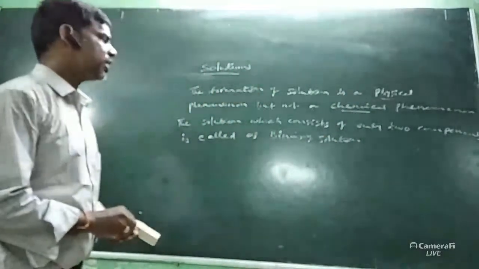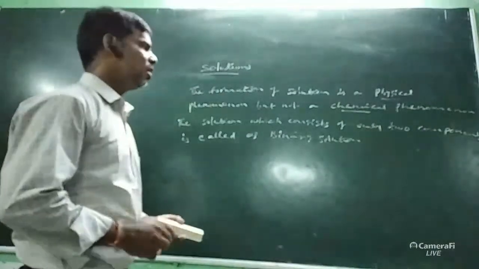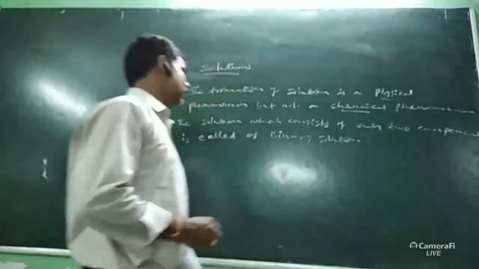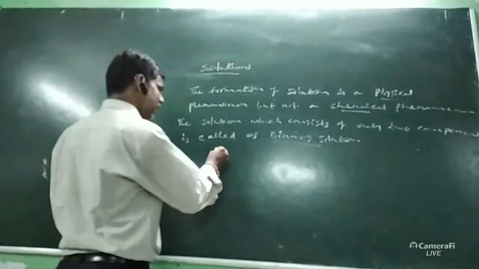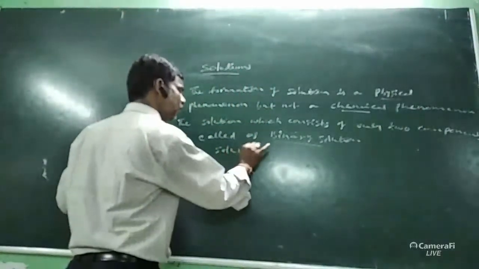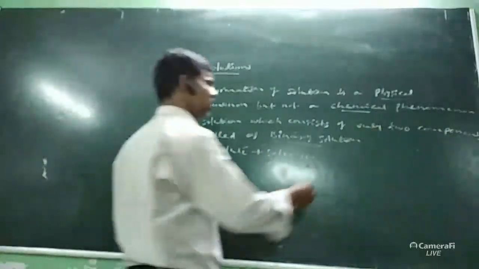So the solution which consists of only two components, that we call a binary solution. Binary solution means solute plus solvent gives solution.